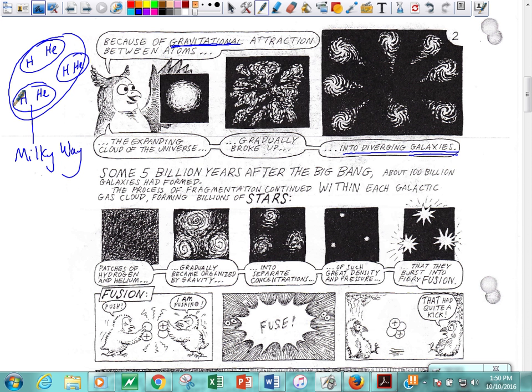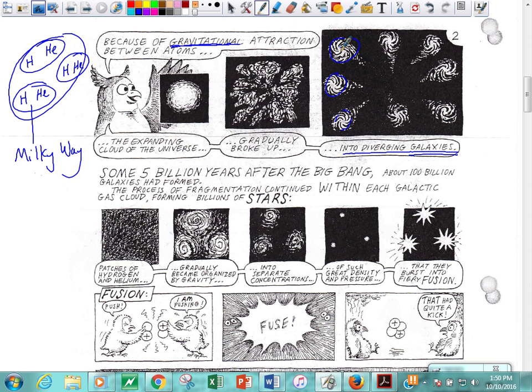And so it pulled them into those diverging galaxies. It shows over here a whole bunch of galaxies. Okay? Well, let's keep reading because we still just have hydrogen and helium. We know the periodic table's got, how many? Over 100 elements. So we've got to figure out where they come from. Okay, so let's keep reading.